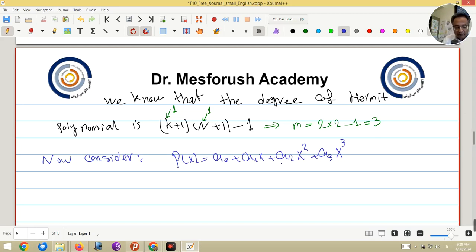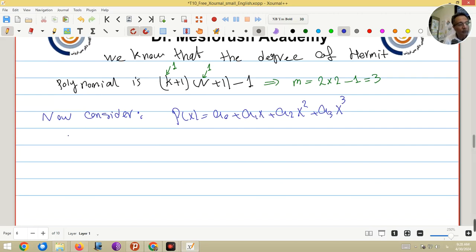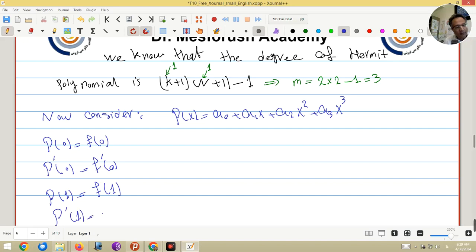Okay, and we apply the constraints. What were the constraints? The constraints were p of 0 should be f of 0, p prime of 0 should be f prime of 0, p of 1 should be f of 1, and p prime at 1 is f prime of 1.